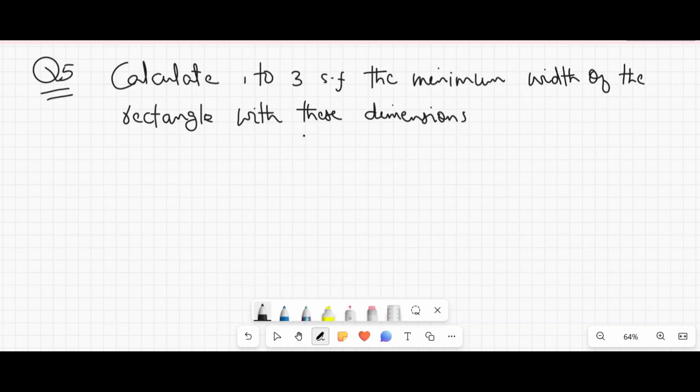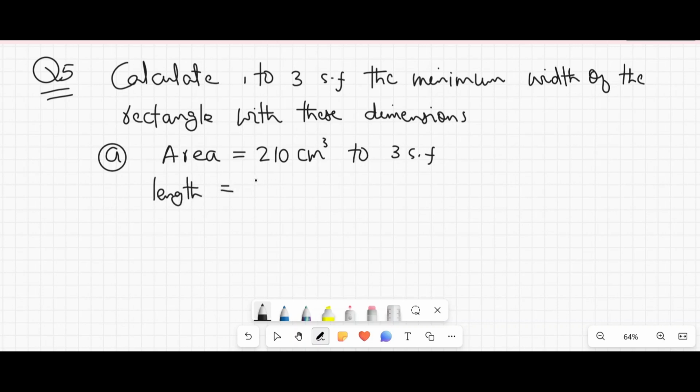So part A is about the area. It says the area is 210 centimeters square to three significant figures, and the length is 17.8 centimeters to the nearest millimeter.